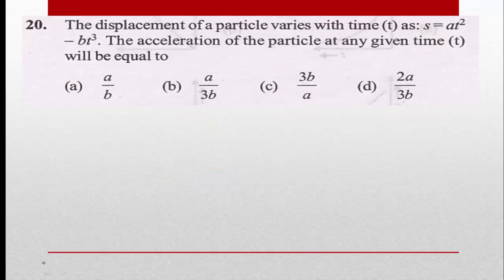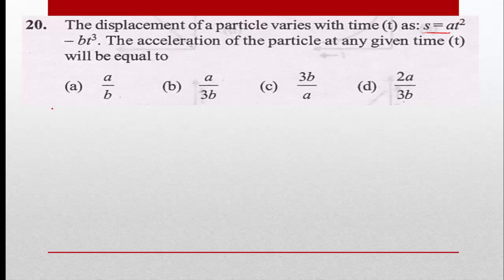And the next question, that is question number 20. The displacement of a particle varies with time as s equal to a into t square minus b into t cube. The acceleration of the particle at any given time t will be equal to.